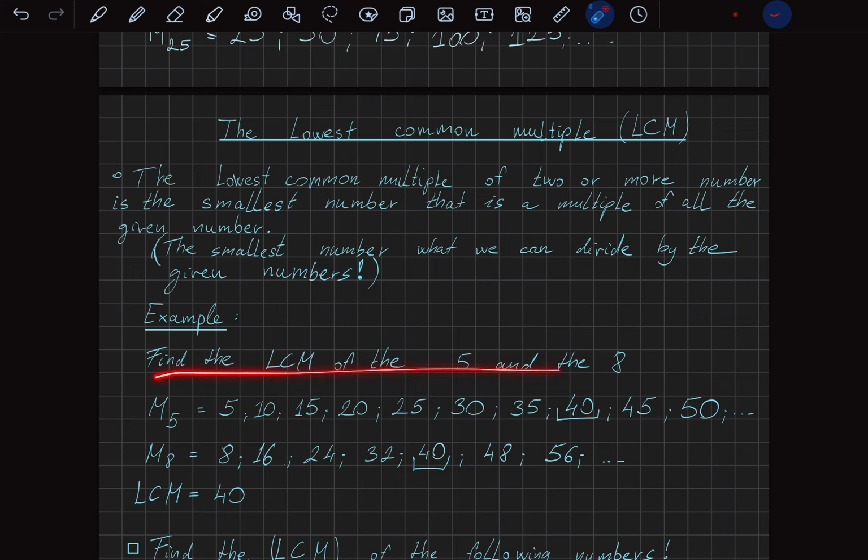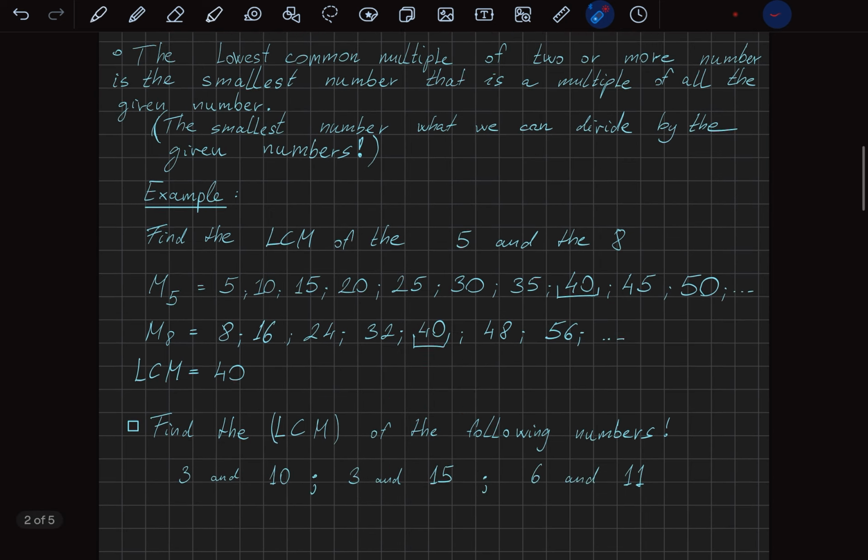Example, find the lowest common multiple of 5 and 8. I start by writing the multiples of 5: 10, 15, 20, 25, and so on, and of 8. The first number that is common will be the lowest common multiple. LCM equals 40.